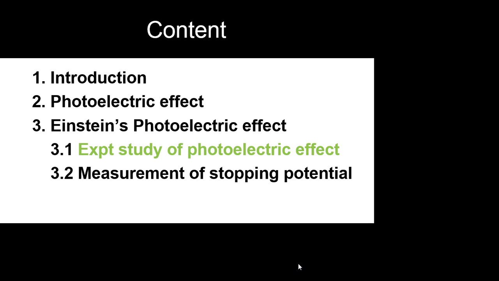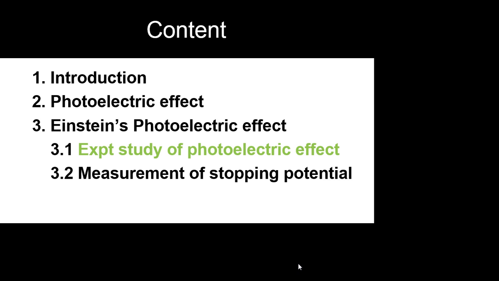It shows that light might behave like a particle, like a football, kicking the electrons out, which also behave like particles, like another ball. I also showed you Einstein's photoelectric equation: hf equals half mv max squared plus phi, the work function.